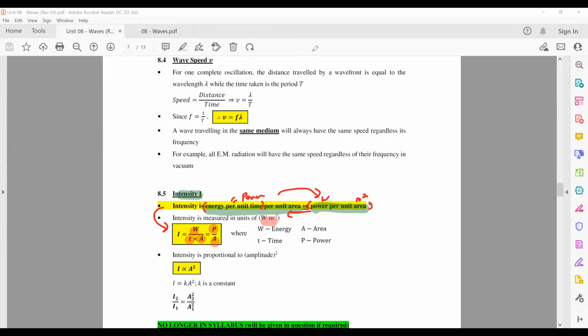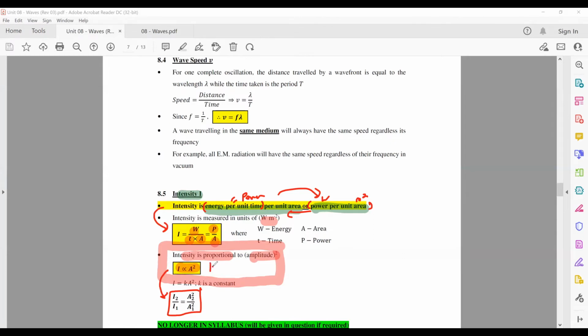Okay. Now, the most important thing that you will need to know from this is this relation. Intensity is proportional to amplitude squared. All right. Such that later on you can do some calculations where you say I2 over I1 is equal to A2 squared over A1 squared.